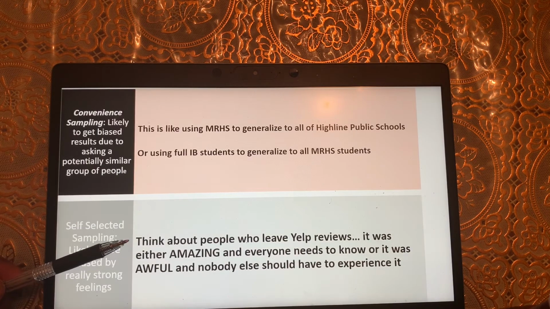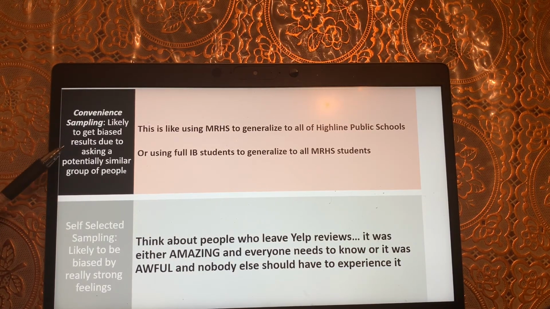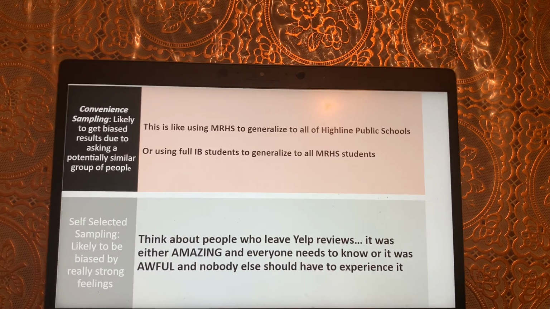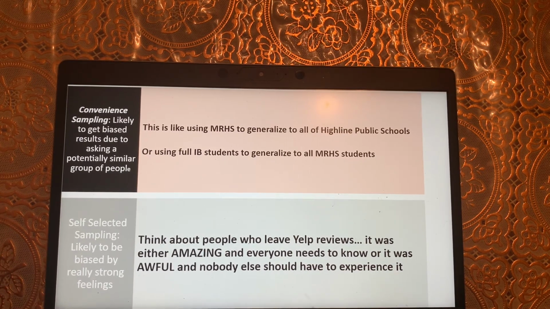So when we look at all the above sampling methods, some of them are not good methods of sampling. For instance, convenience sampling is likely to give biased results because we are asking a potentially similar group of people who are in close proximity to where we are doing the survey.